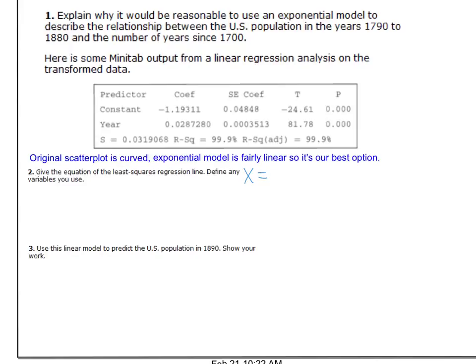X is, I believe it said, the number of years after 1700, which would make Y the U.S. population. And it did specify that that was in millions of people.